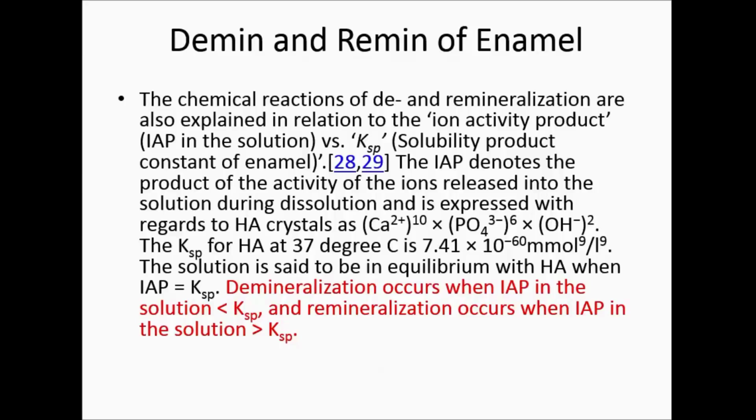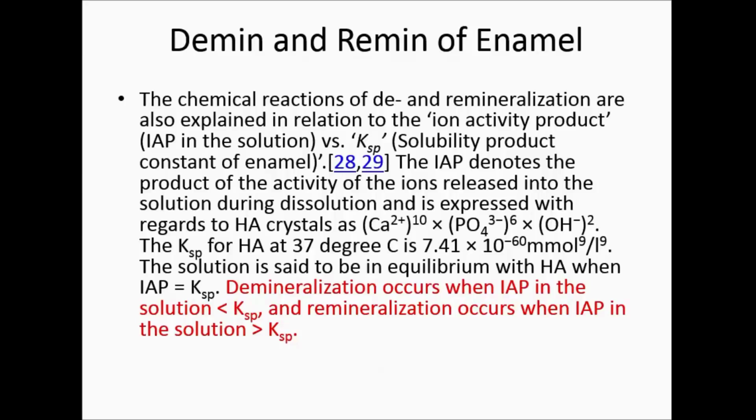The IAP denotes the product of the activity of the ions released into the solution during dissolution and is expressed with regards to hydroxyapatite crystals as 10 calcium ions times 6 phosphate ions times 2 hydroxyl ions. The solution is said to be in equilibrium with hydroxyapatite when the ion product equals the KSP.